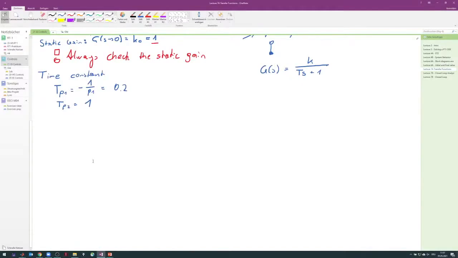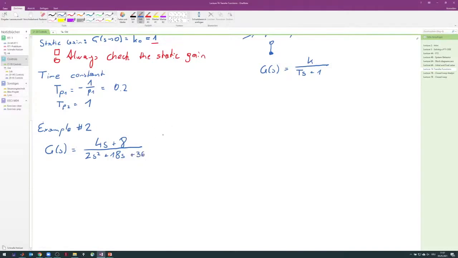Okay, so example number 2. And again, we have a polynomial form transfer function G of S, which is equal to 2S plus 8 over 2S squared plus 18S plus 36.